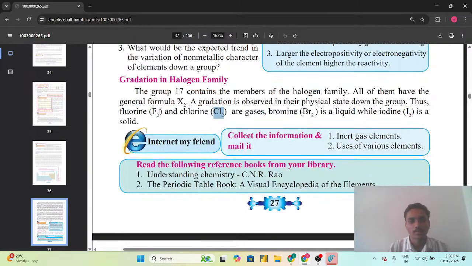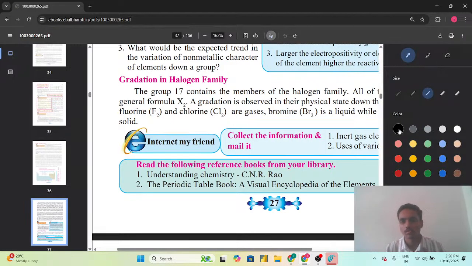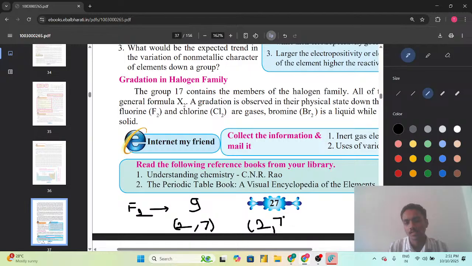Suppose we are taking F2. Fluorine has atomic number 9, so the configuration will be 2 and 7, correct? And we are again taking fluorine, which also has 2 and 7.